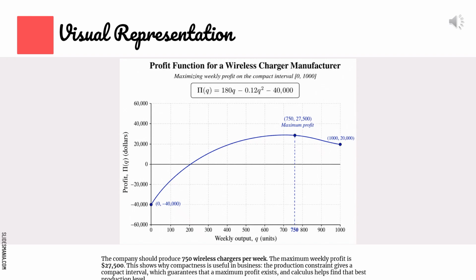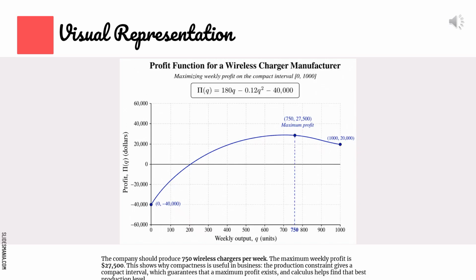So here's a visual representation of the weekly output for the wireless chargers. We can say that it's between 0 and 1,000, and we can see that it reaches a maximum between 0 and 1,000, not at either of the endpoints, but actually at 750, and it gives you a $27,500 profit.